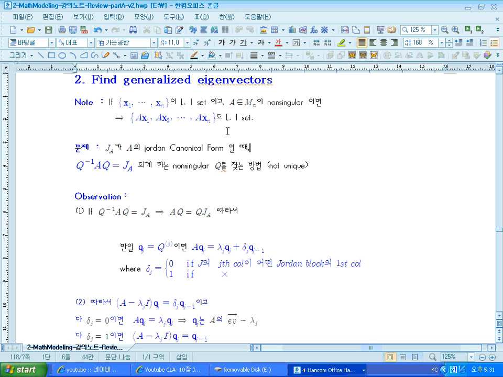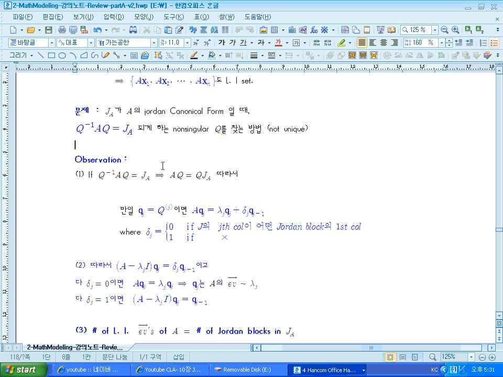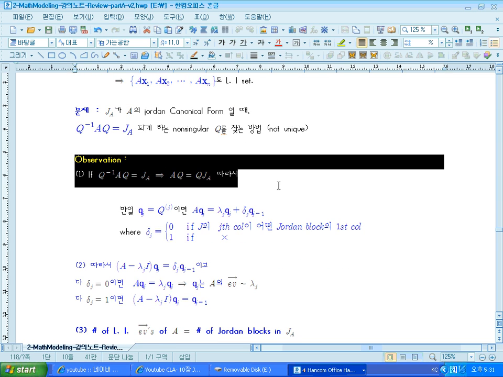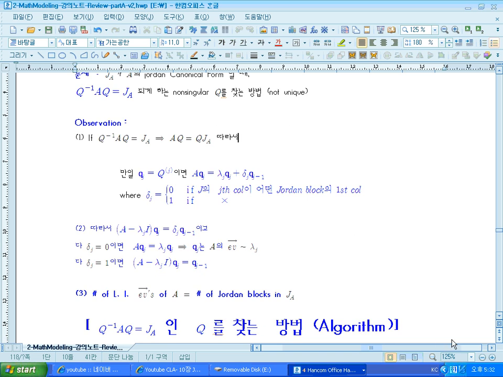Then the method of finding this invertible matrix Q is not unique, but this is an observation that gives us a possible algorithm.